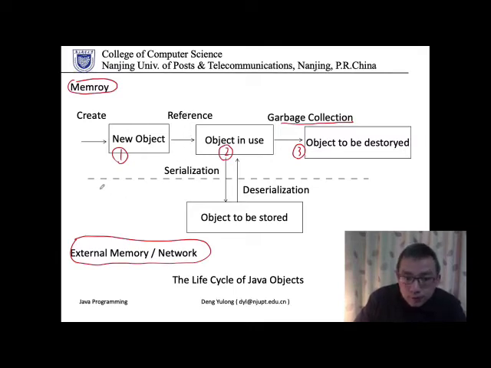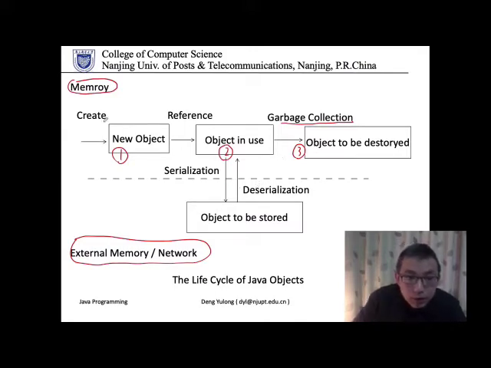And the bottom part, we name it external memory. For external memory, for example, we have the hard disk. Now, when the power of the hard disk is turned off, the data stored in the hard disk never disappears.